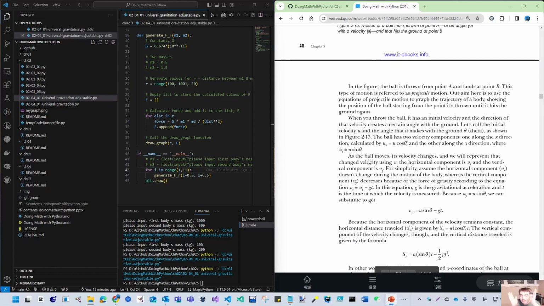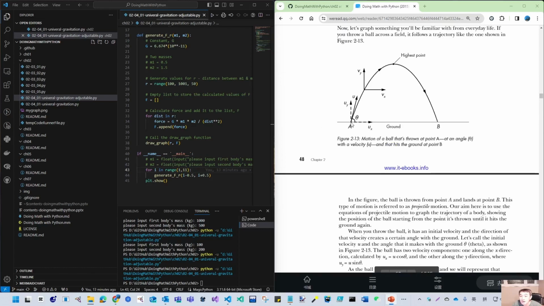So now we have these two velocities separately, and the initial velocity is u. When this object comes to the highest point, uy will decrease to 0, but we assume ux stays constant. So ux is still moving to here.